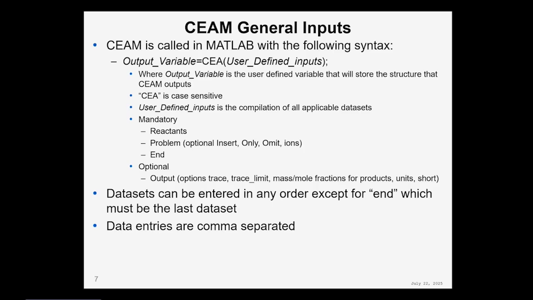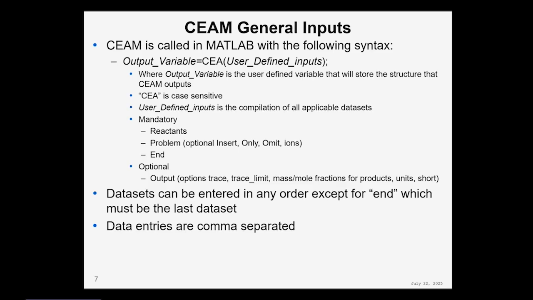There's an option to add outputs, and that gives options for trace, a trace limit, identifying mass or mole fractions, the unit system you'd like the output provided in, and debug short or not, for handling information when trying to debug any problems on the run.